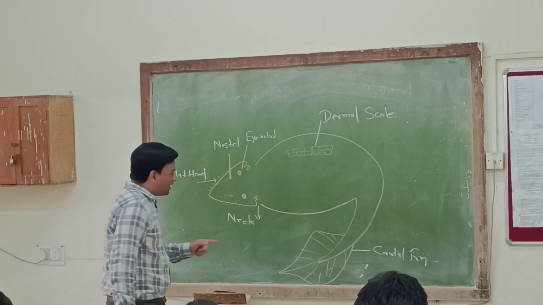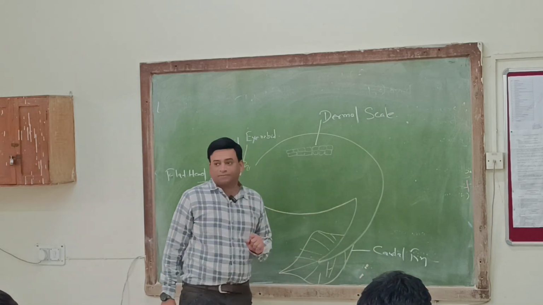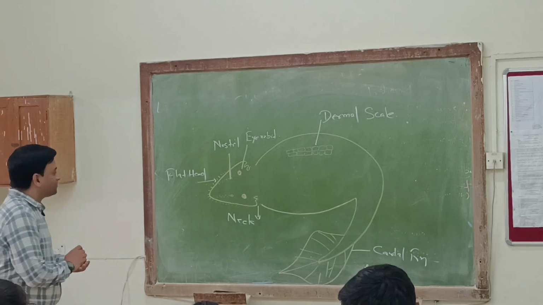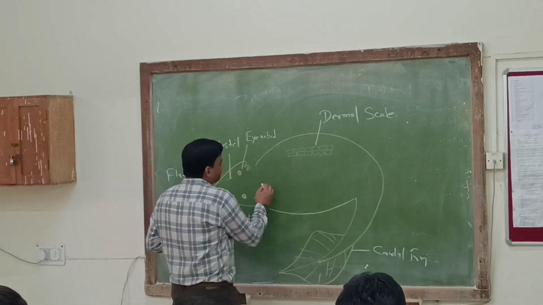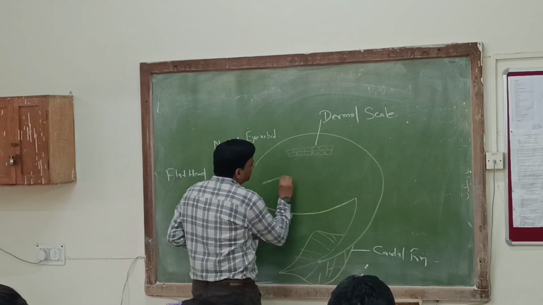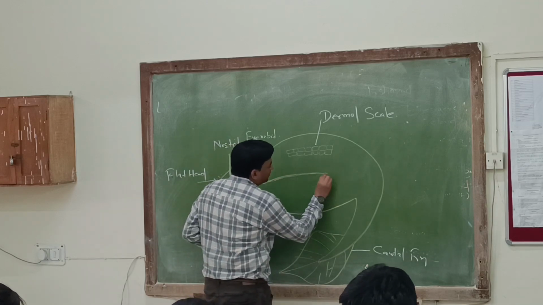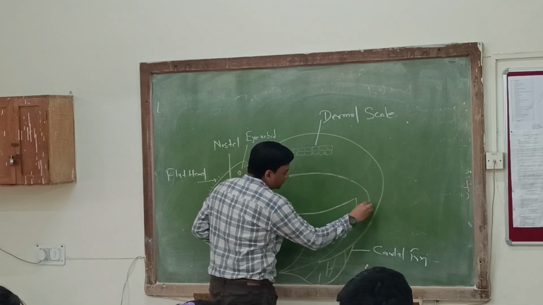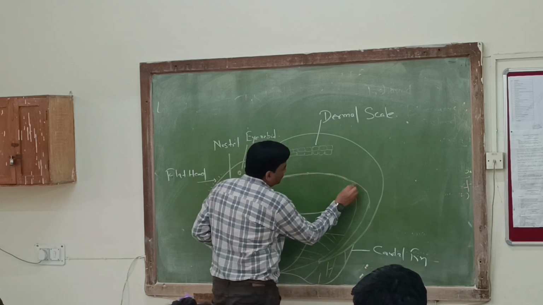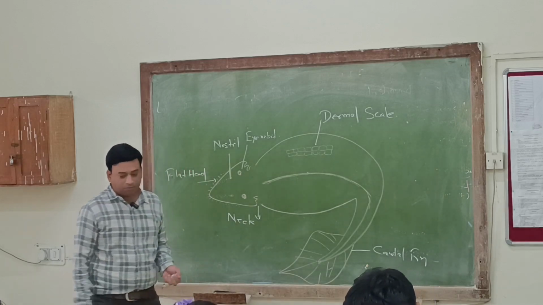And then it has got a tail, and the tail has a caudal fin. Then that means it is a fish. But then it has also got the notochord and the vertebral column.